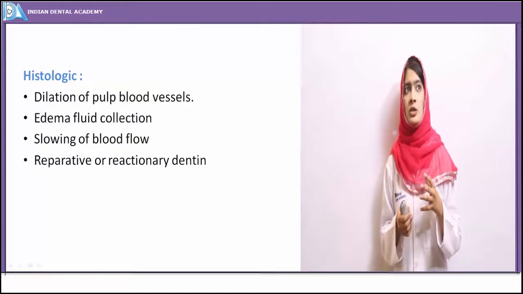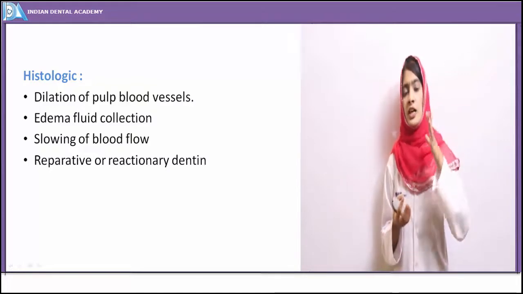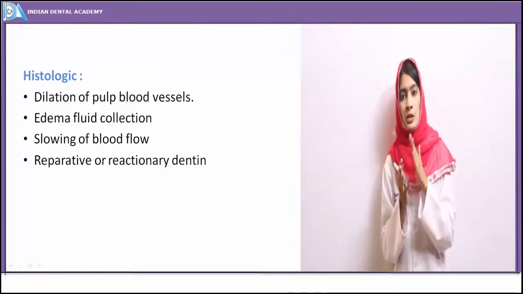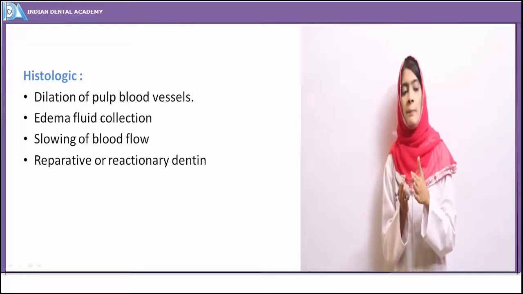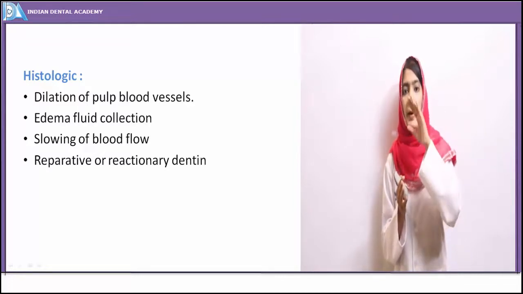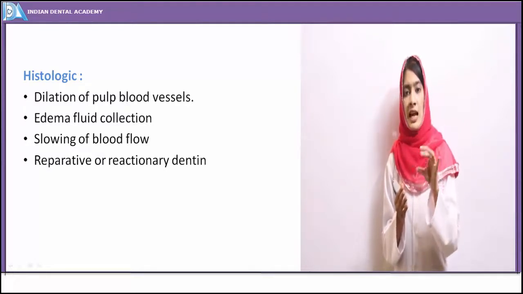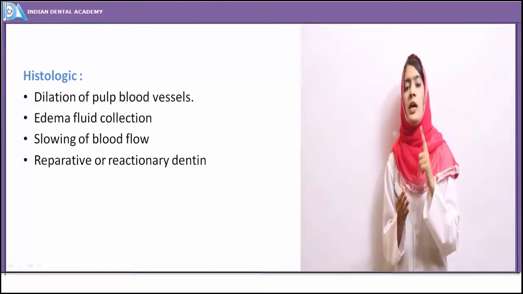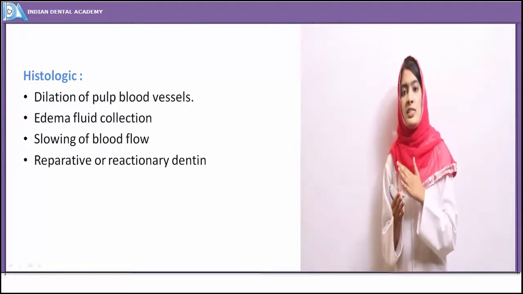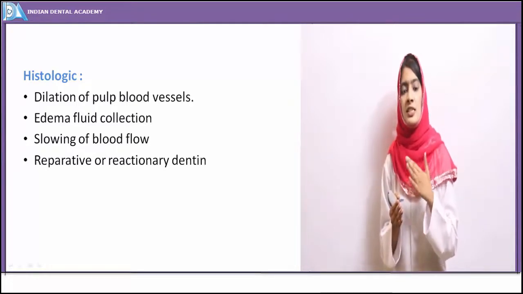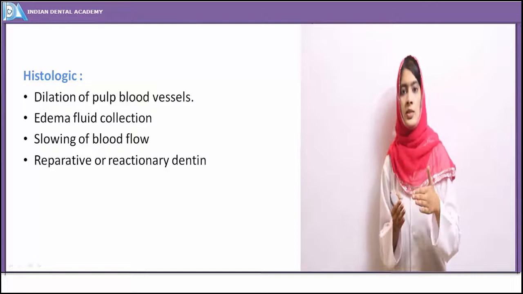Because of the inflammation in the pulp, at the pulpal end of the dentinal tubules, this inflammation acts as a stimulant and leads to the formation of reparative or secondary dentin. Secondary dentin deposition counteracts the inflammatory process.